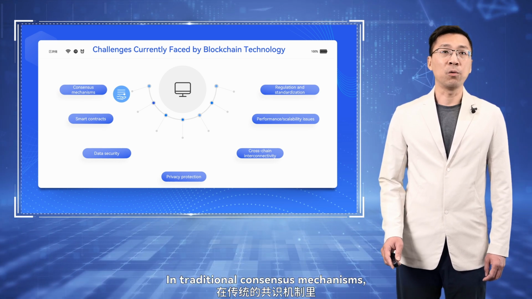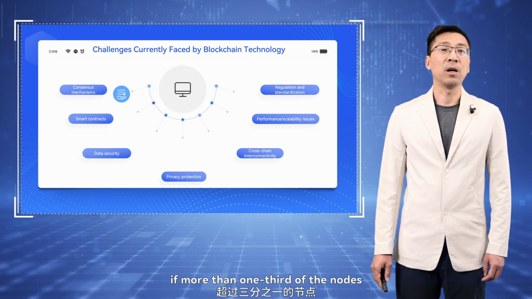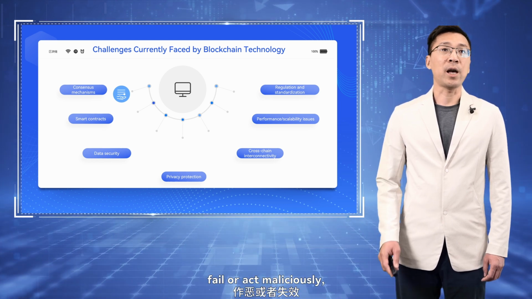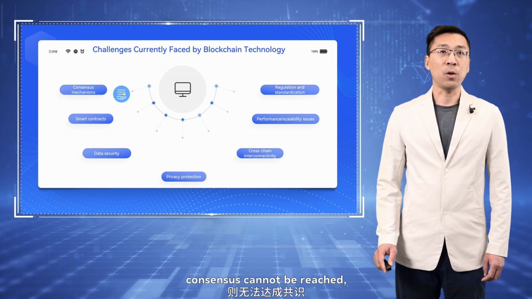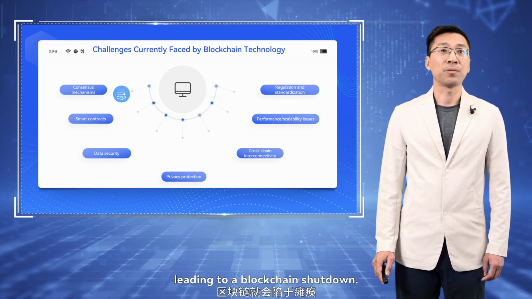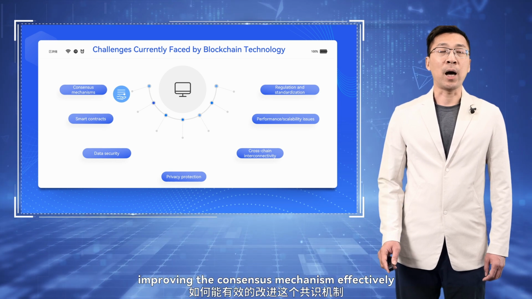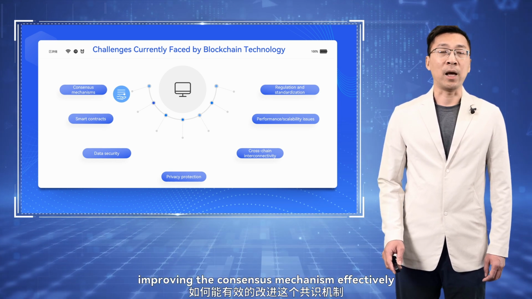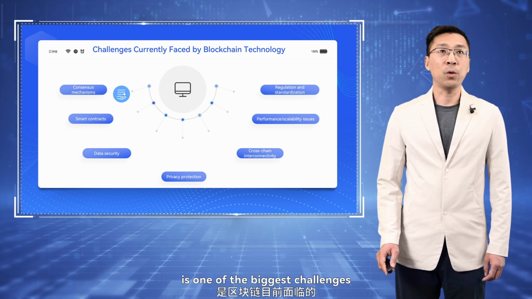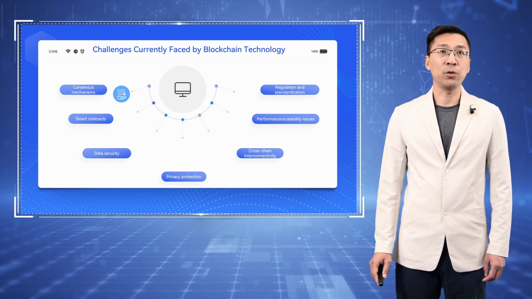In traditional consensus mechanisms, if more than one-third of the nodes fail or act maliciously, consensus cannot be reached, leading to a blockchain shutdown. Thus, improving the consensus mechanism effectively is one of the biggest challenges facing blockchain today.